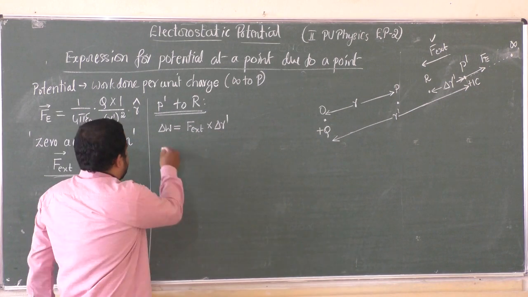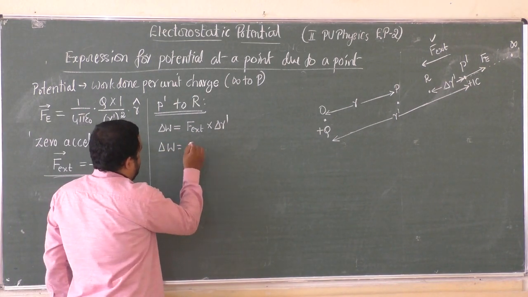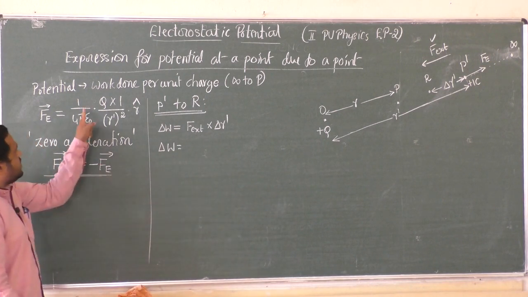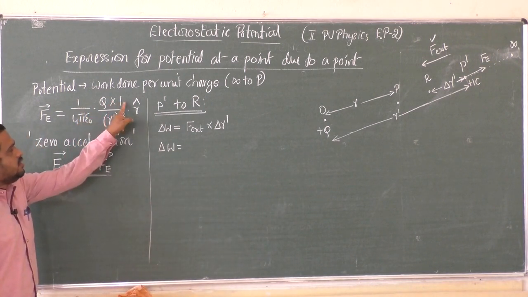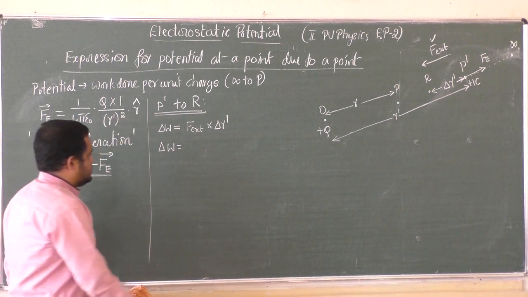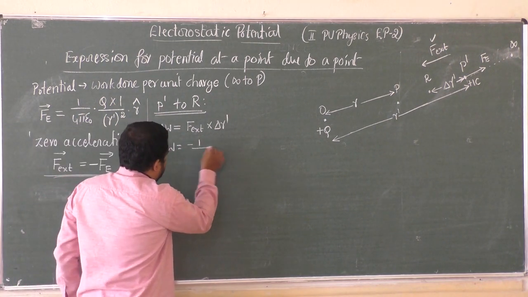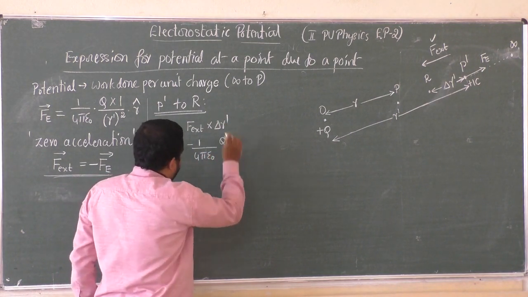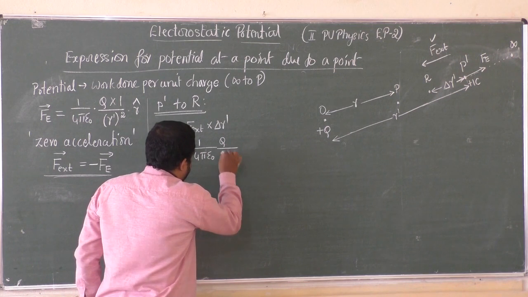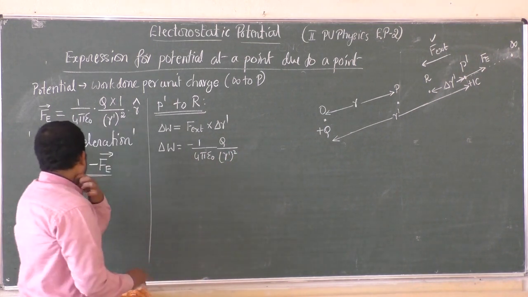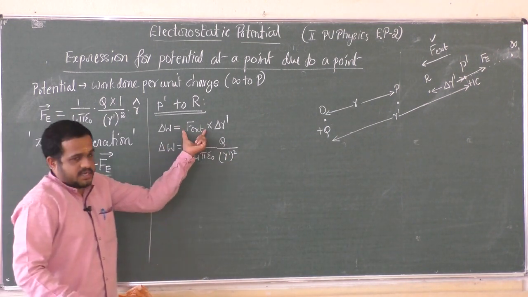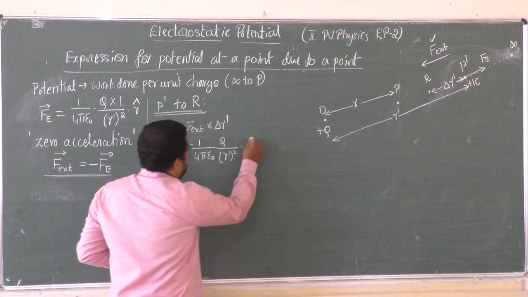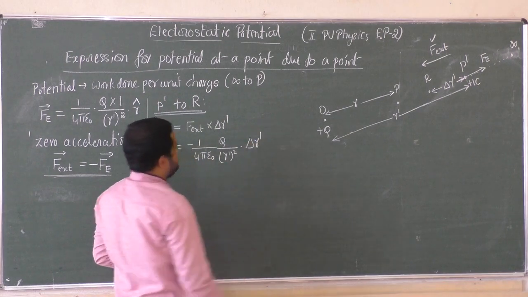Now this can be written as delta W is equal to F external, which is minus of Fe, but we know that Fe is equal to 1 over 4 pi epsilon naught Q into 1 divided by R dash square. Therefore this can be written as 1 over 4 pi epsilon naught Q into 1 divided by R dash square, that represents F external, the negative of the electrostatic force, into delta R dash.